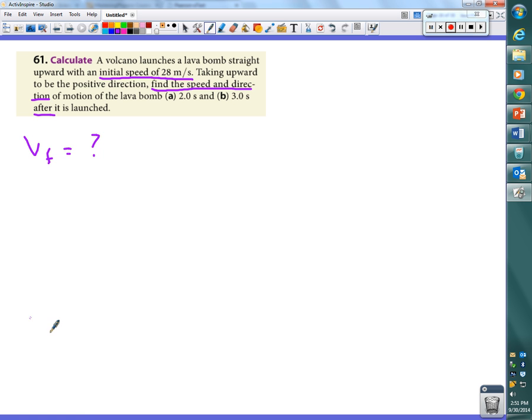Initial speed of 28 meters per second upward, taking upward to be the positive direction. Time 2 seconds.